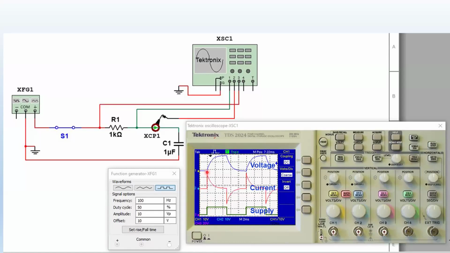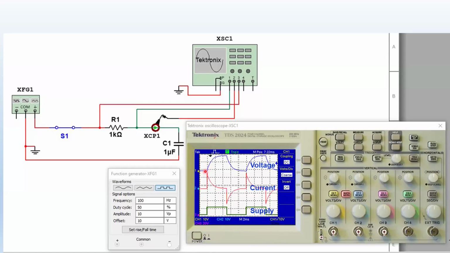And when the capacitor is charging, the current is going to go less and less and less, and it's going to stop flowing. Now, because it's acting as a dead short in the beginning, the voltage across the capacitor is going to be zero, because it conducts as much electricity as possible.